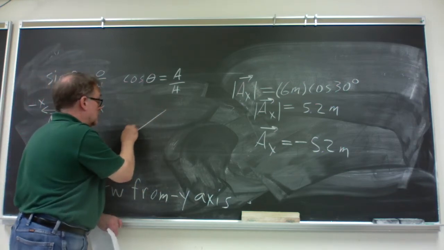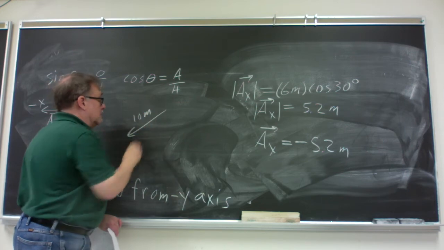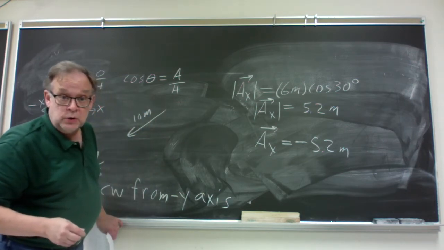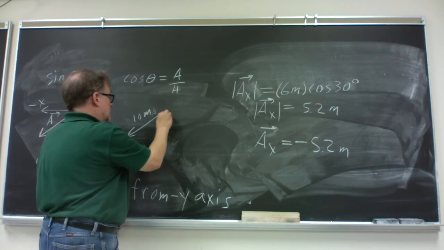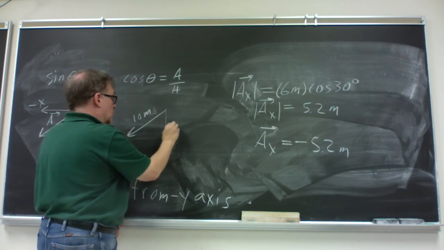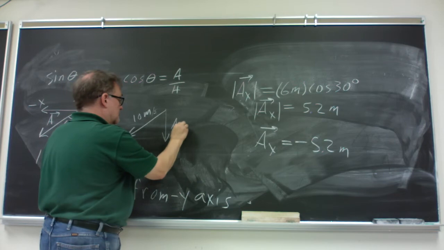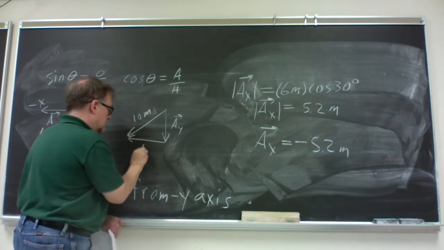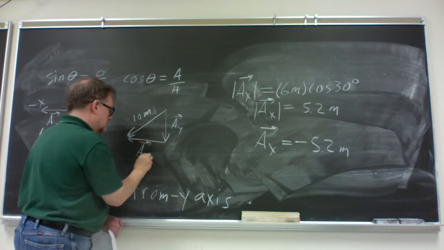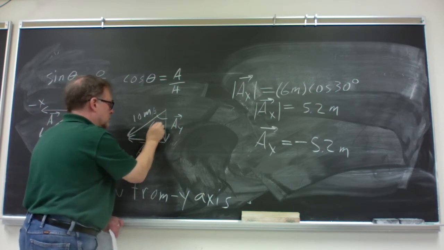Here's our triangle, and the hypotenuse corresponds to a length of 10 meters per second. And there's the y component, and there's the x component. There's our 60-degree angle.